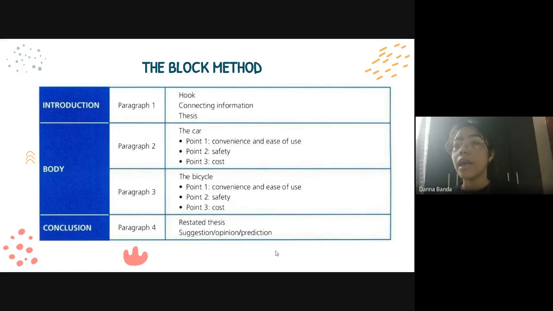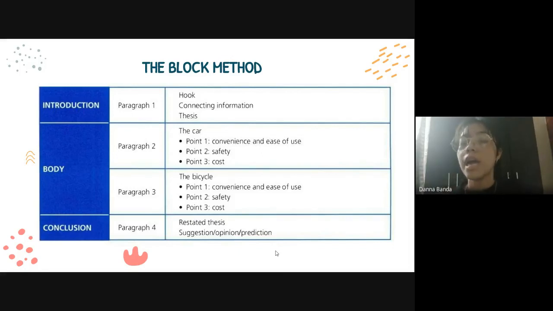So in the third paragraph, we list the same kind of information, the same 3 points, but with the other subject, that is the bicycle. And fourth, we have the conclusion. And here we restate the thesis and give some suggestions, opinions, or predictions.